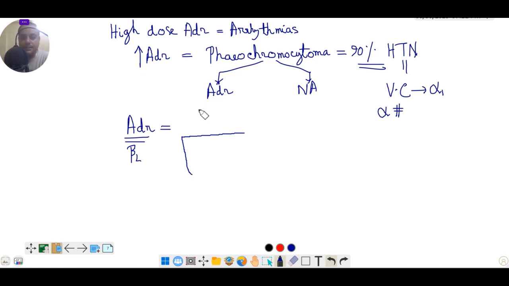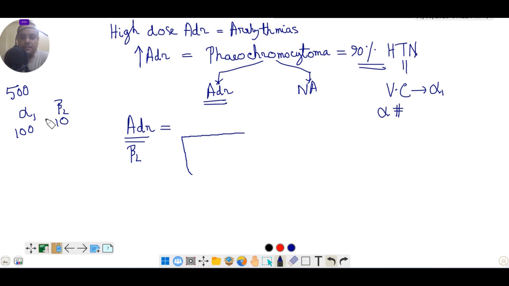Now, since it is an adrenaline producing tumor, there will be high amounts of adrenaline within the system. Let us go back to the previous example where we had alpha 1 and beta 2 receptors, and let us suppose there are 500 molecules of adrenaline. Alpha 1 needs 100 molecules to be activated, let us suppose, and beta 2 needs 10.